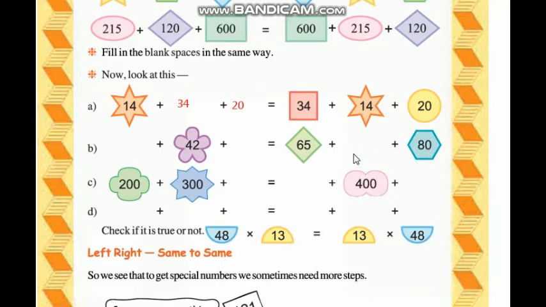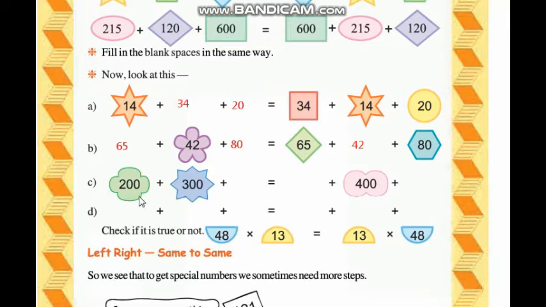Which number is missing? 42. So first we write 42 here. Which numbers are missing here? 65 and 80. So we write 65 plus 42 plus 80.